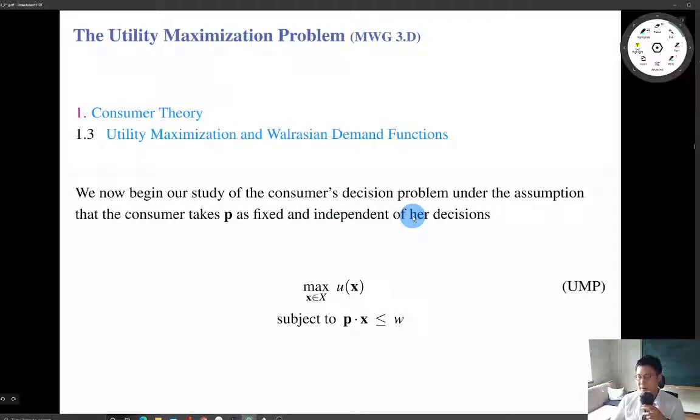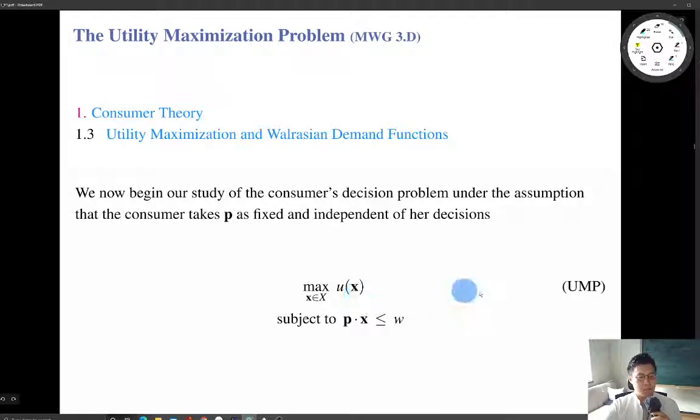Rather, it is determined by aggregate demand and supply. So under those assumptions, it is natural to think that the consumer is willing to choose the one bundle that maximizes her utility. That brings us to the following optimization problem.